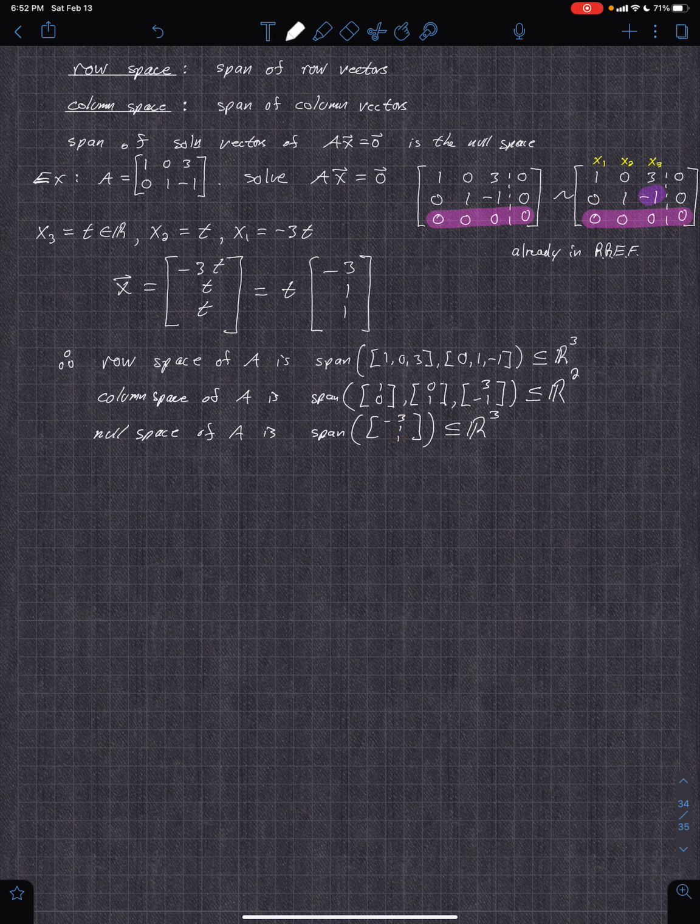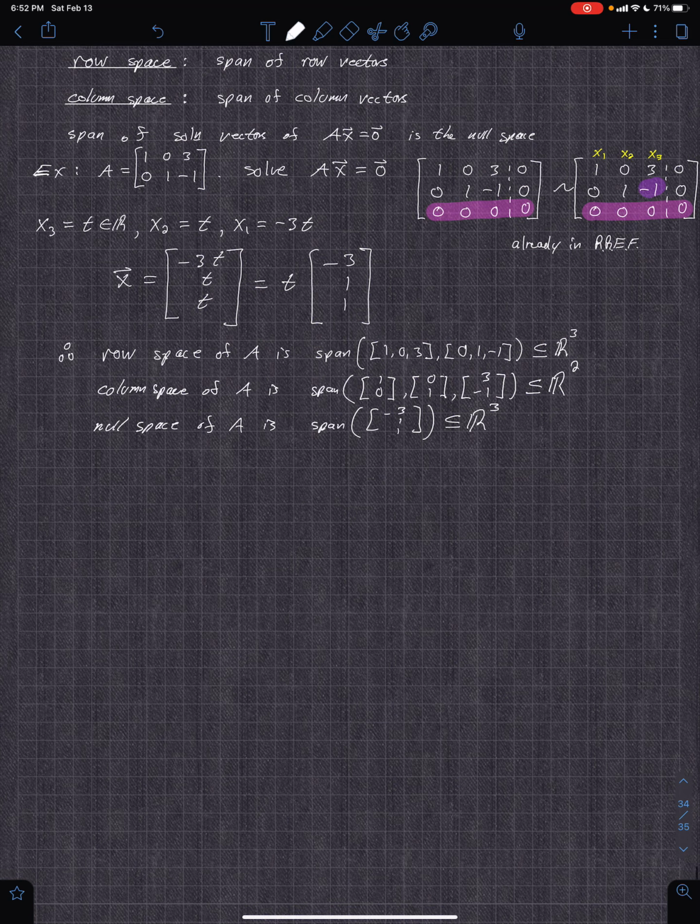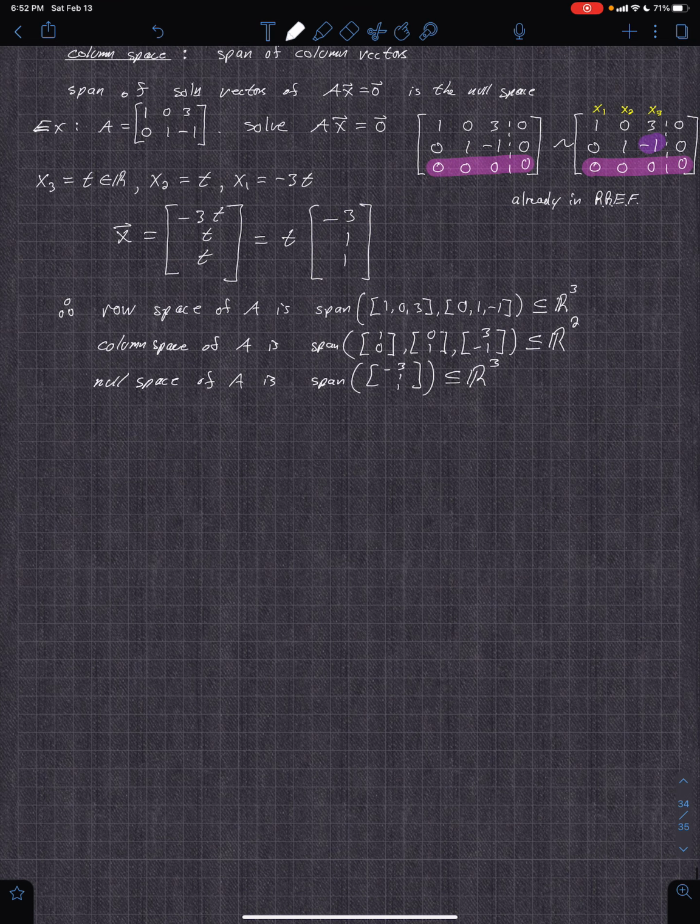All right, then we have what's called the column space criterion. We'll talk about this next time, or give examples at least.